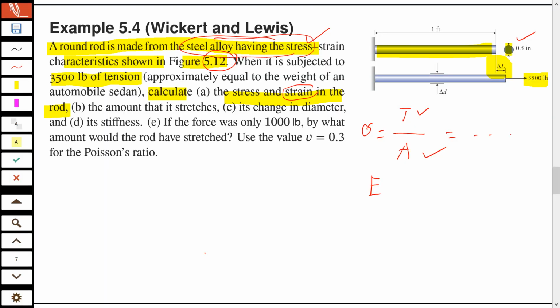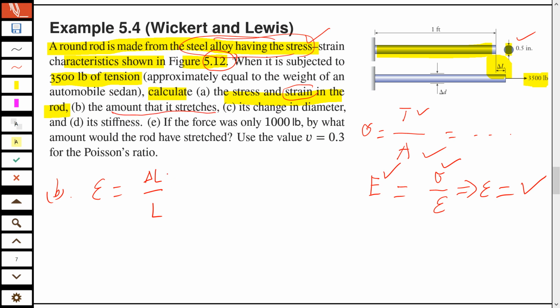When you know E, you know E is stress divided by strain. So you can now solve this for strain because you know stress and you know the modulus. So E is also known. समझ आ गई ये बात? Now in part B you will use the other definition, which is delta L over L, क्योंकि यहाँ पे आपको the amount it stretches.